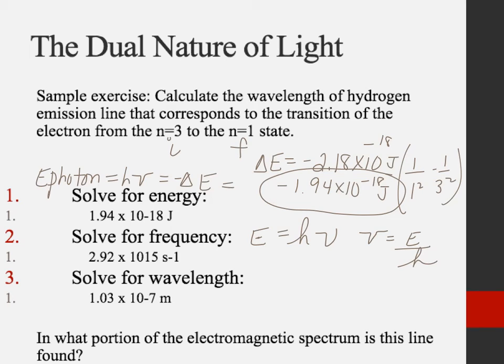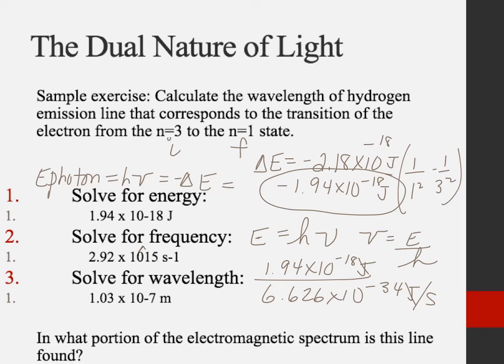In this case, 1.94 times 10 to the negative 18th joules divided by 6.626 times 10 to the negative 34 joule seconds. And our joules are going to cancel, and we are going to get 2.92 times 10 to the 15th seconds to the minus 1.